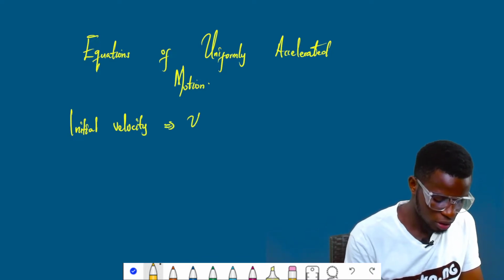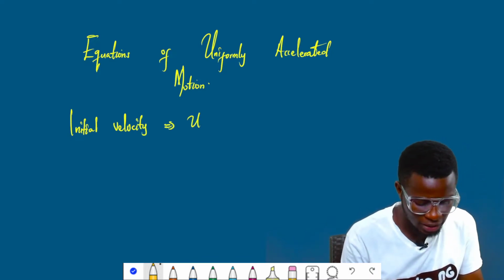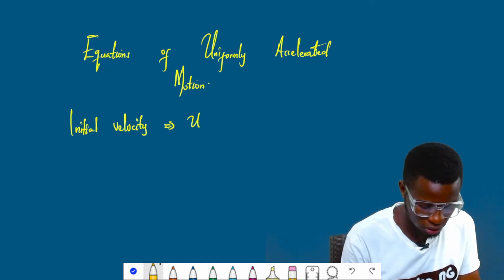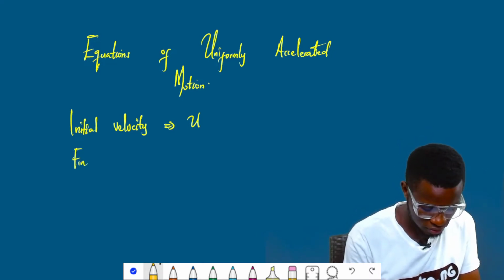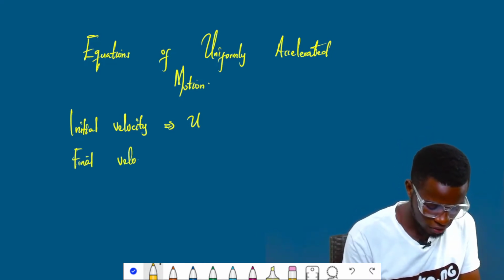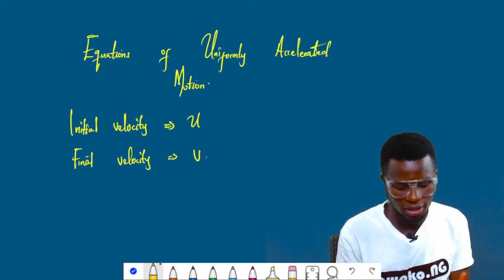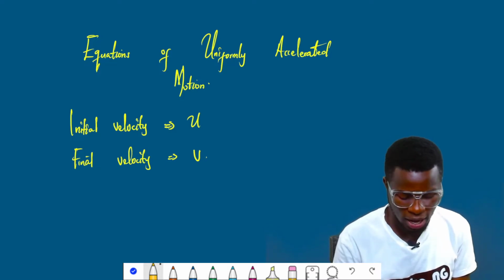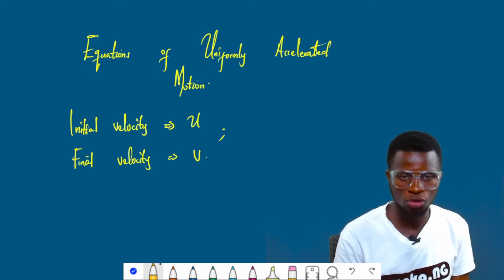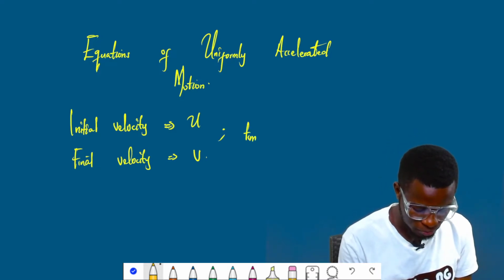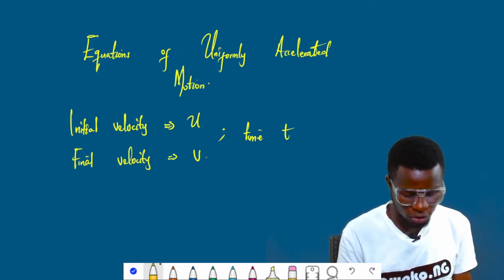Okay, initial velocity of u, and then to a final velocity of v. Final velocity is equal to v at the end of the motion, and this motion took a particular time t. So suppose this is what we have.